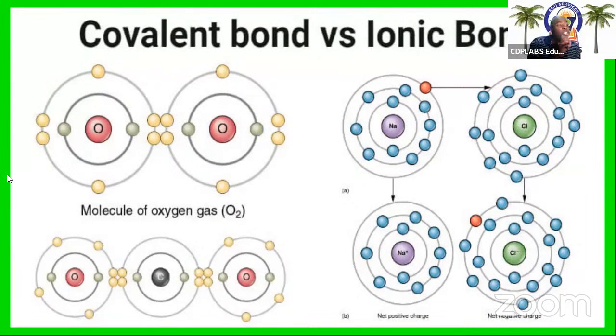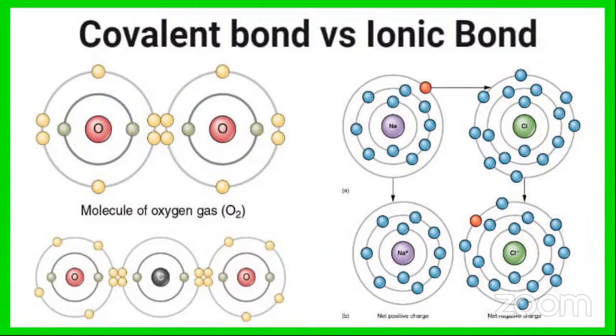All right, so they are sharing. So we talk about covalent bonding. They're actually sharing electrons. What's the atomic number for oxygen?